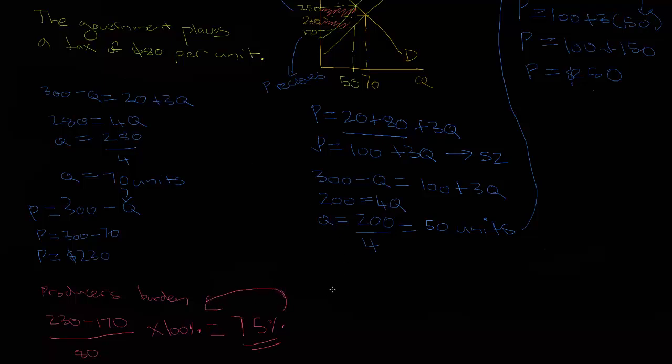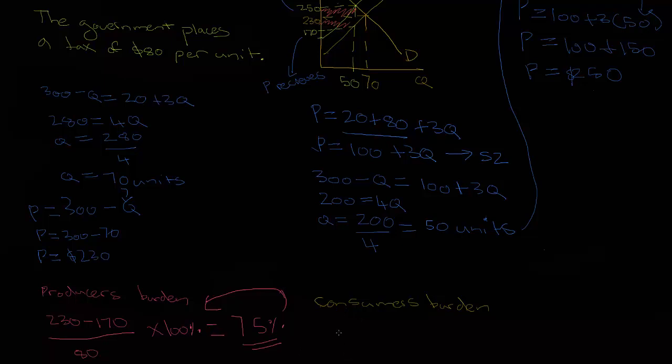So now let's find out the consumer's burden. We know that if the producer has to pay 75%, the consumer must pay 100 minus 75, which is 25%.